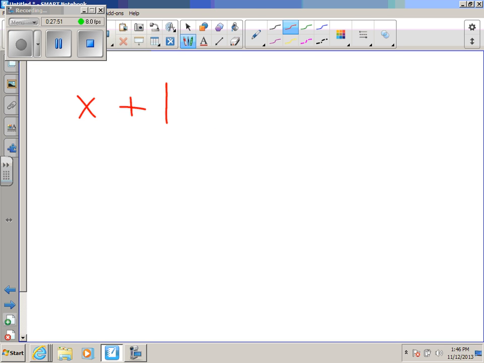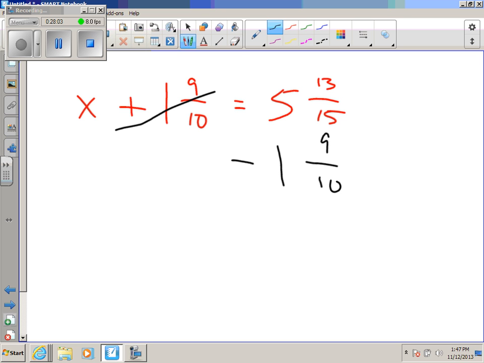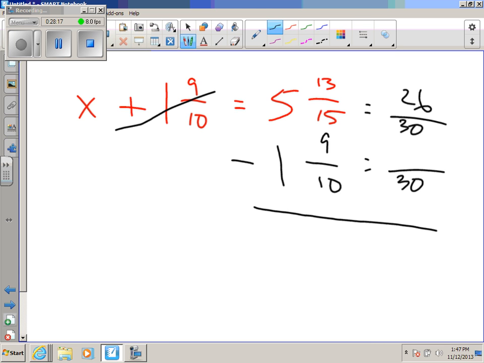X plus 1 and 9/10 is equal to 5 and 13/15. So here, let's subtract 1 and 9/10, and between a 15 and a 10, 30. 26, and 27, of course, it's got to be one bigger.